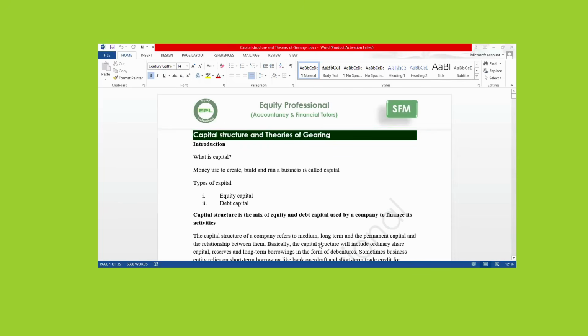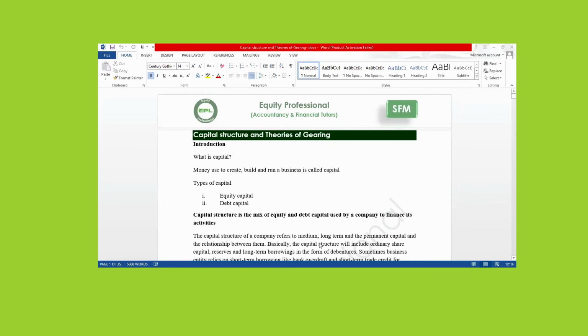Your choice of capital structure will affect your cost of capital. It can either increase your cost of capital or reduce your cost of capital.